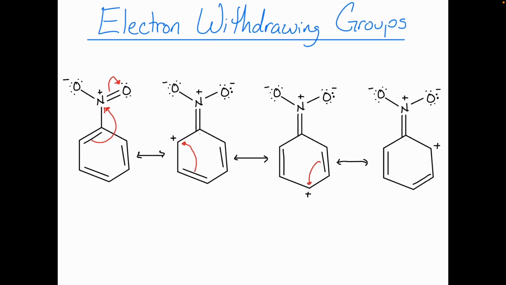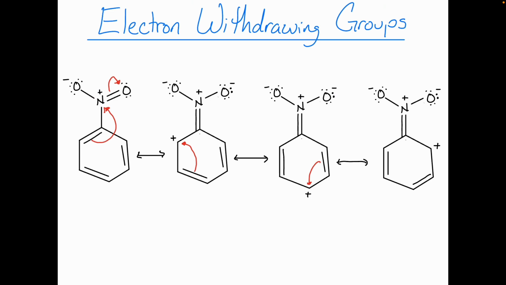Okay, so I have these electron withdrawing groups. Now it's going to take electron density out of the ring, right? So are these electron withdrawing groups going to make benzene a better or a worse nucleophile? Who thinks a better nucleophile? Who thinks a worse nucleophile? Yes, so it will make benzene a worse nucleophile. These reactions with these electron withdrawing groups will be slower than if you just had benzene by itself or if you had an electron donating group, right?